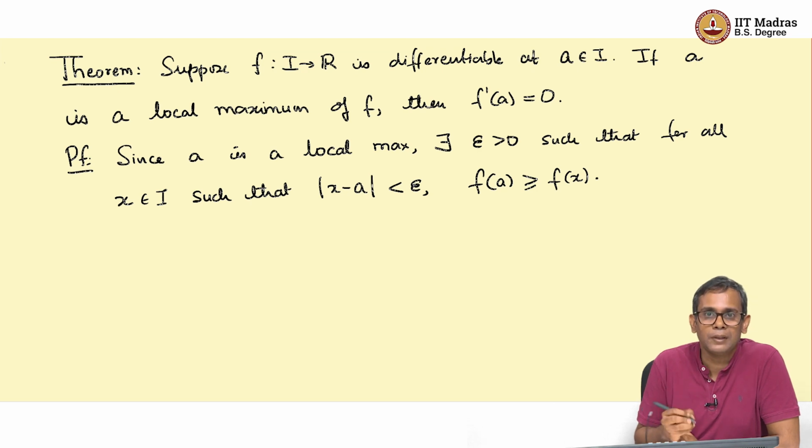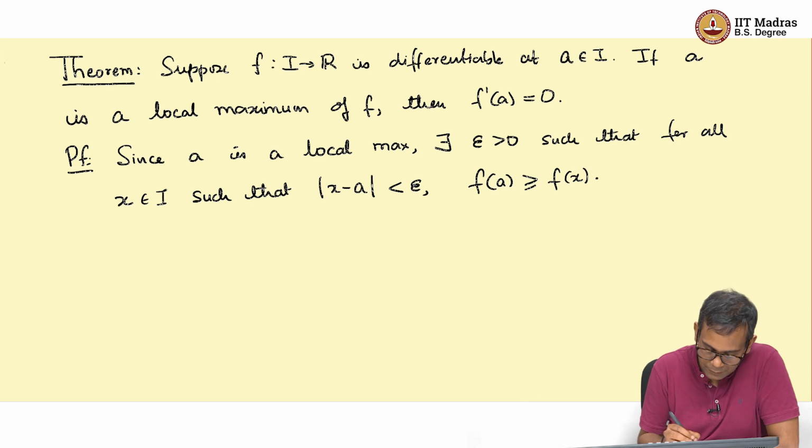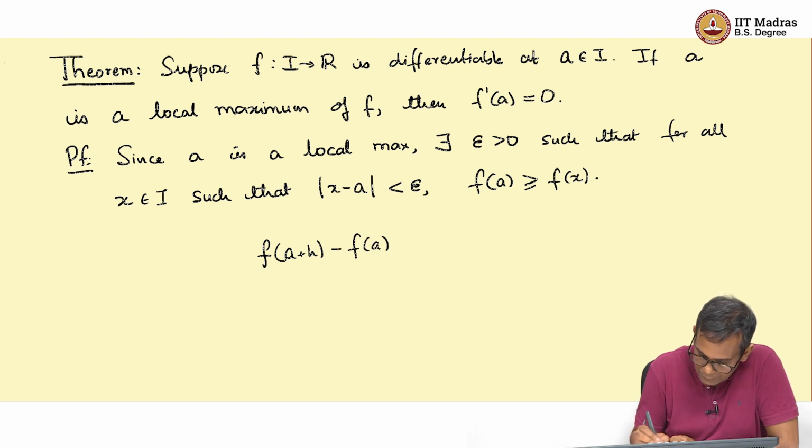So, now let us try to compute the difference quotient whose limit we take to compute the derivative. So, that is f of a plus h minus f of a divided by h.